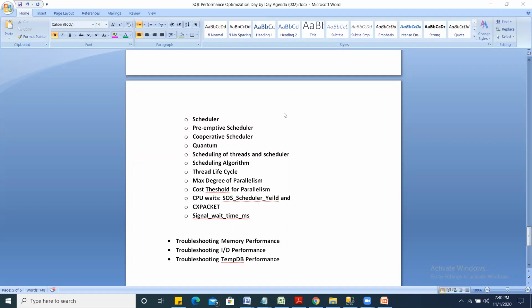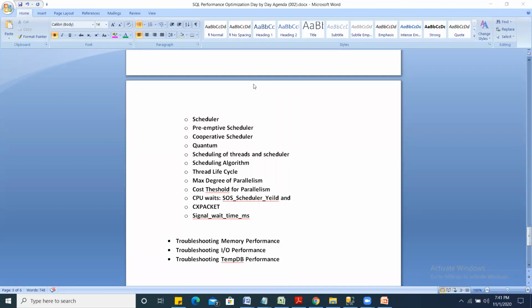So if you understand the term thread pool starvation, now again thread pool starvation is related to workers. Workers are related to scheduler. Scheduler is related to SQL OS. So everything is interrelated here.